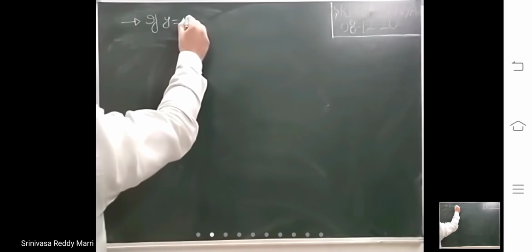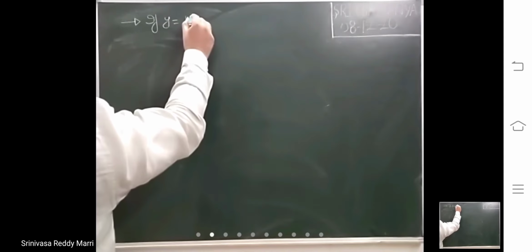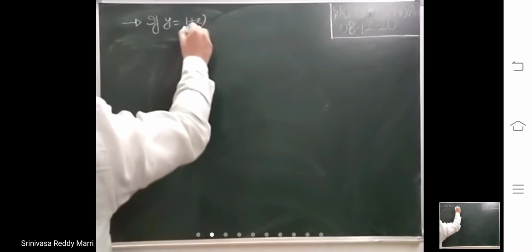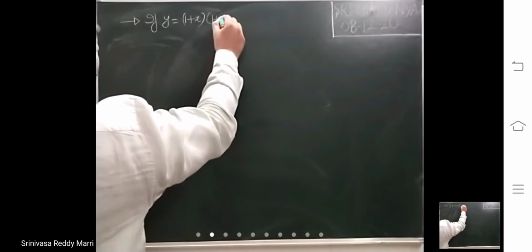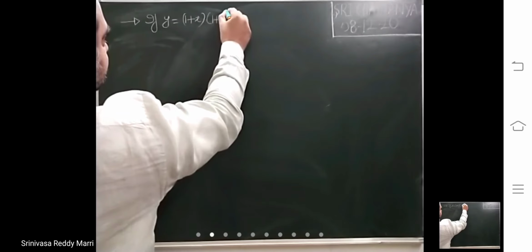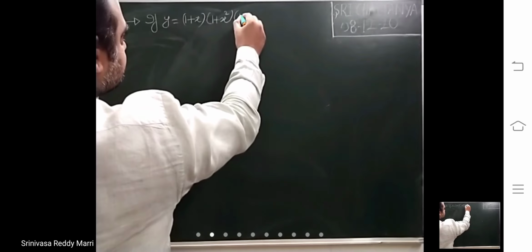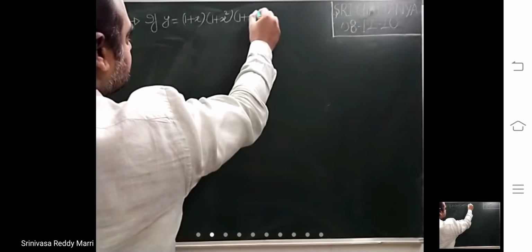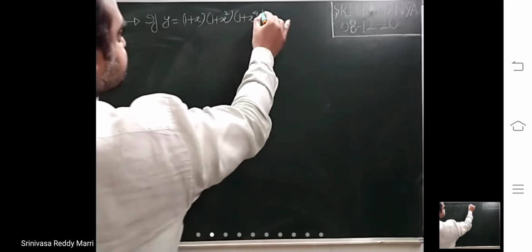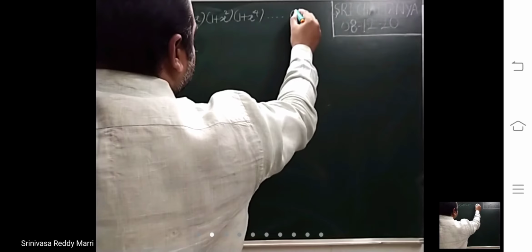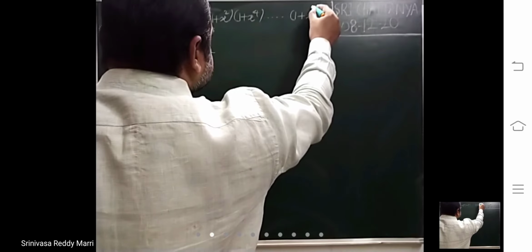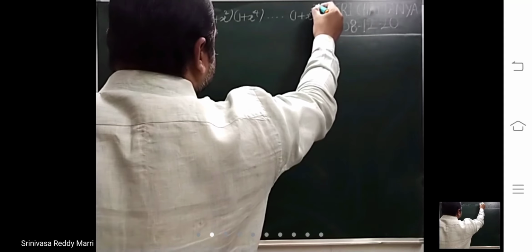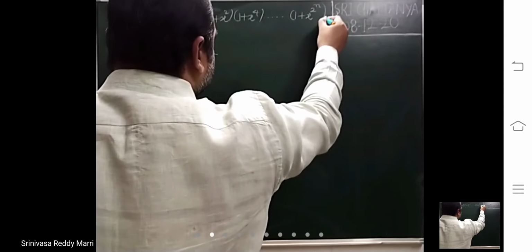If y equals to, the expression is given like this: 1 plus x into 1 plus x square into 1 plus x to the power 4 and so on, 1 plus x to the power 2n.